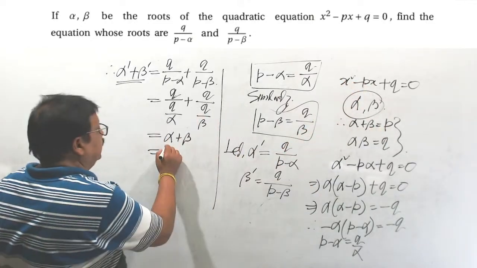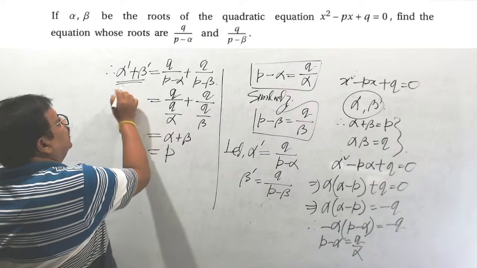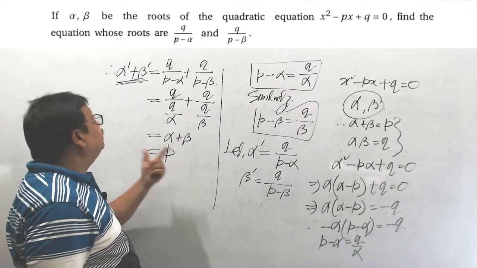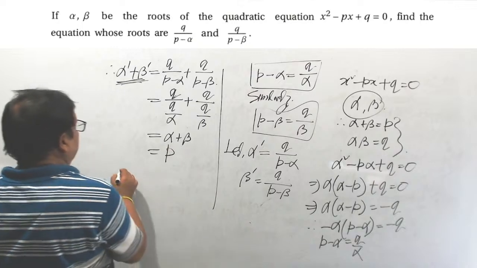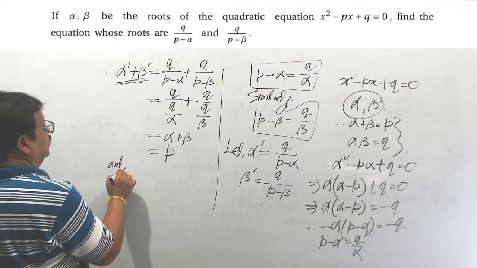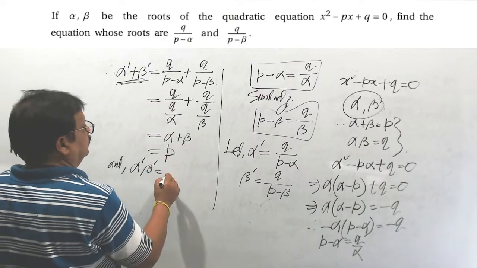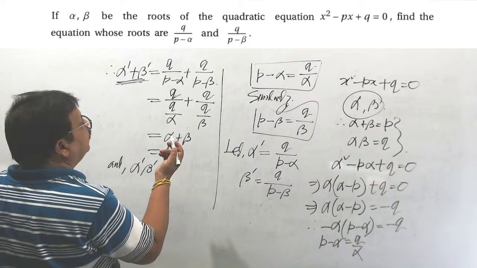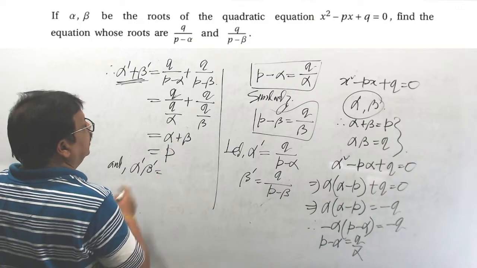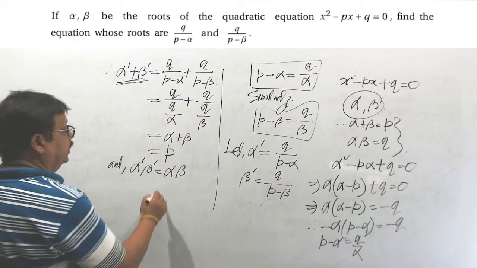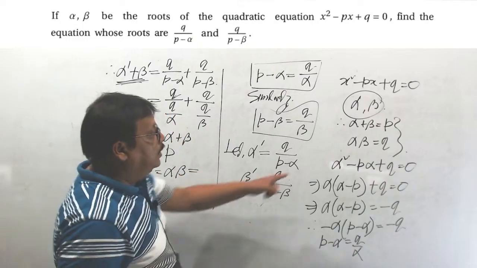Understood? That is sum of the roots of the new equation that we are going to form is p. Again, alpha dash beta dash, product of the roots. Similarly, product of the roots will be what? Alpha into beta. Understood? After calculation, you will get alpha into beta. That means this is equal to q.